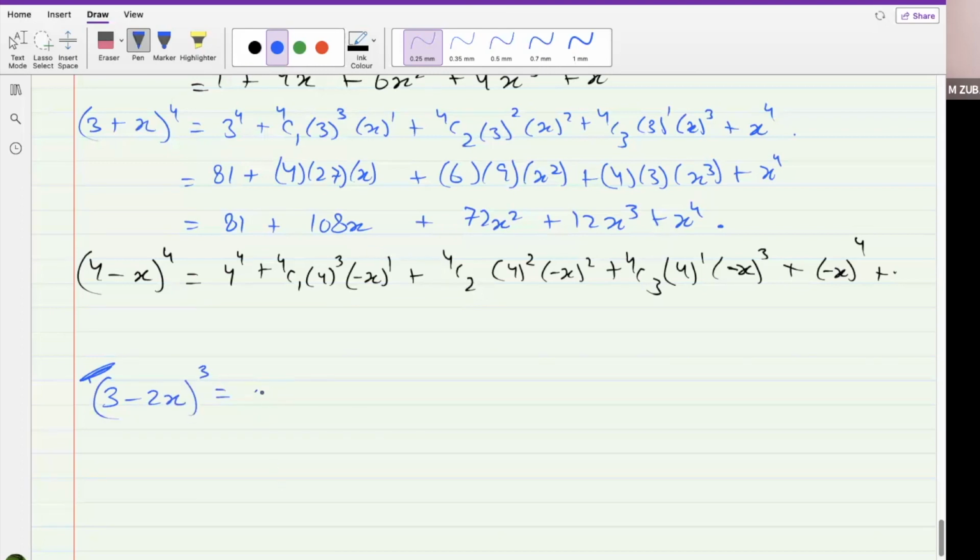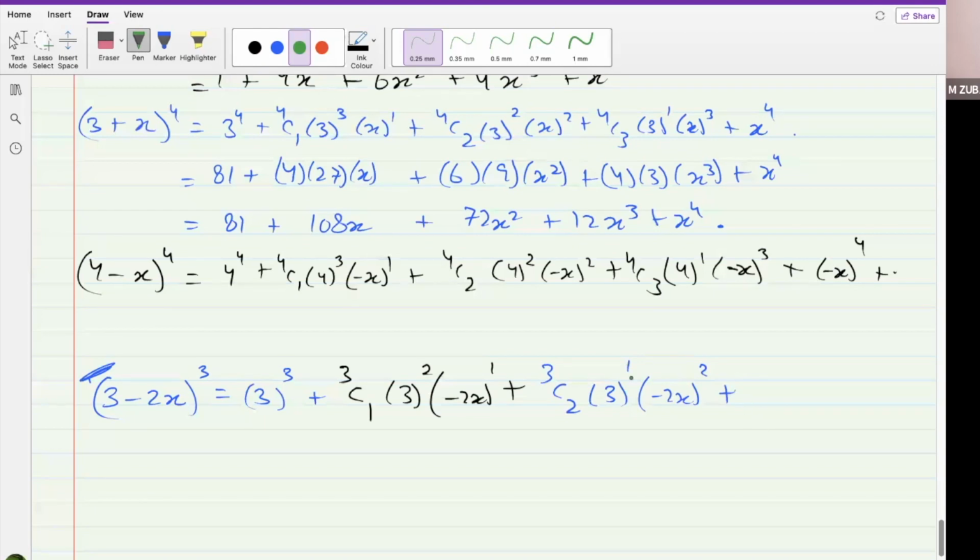So we can write a raised to power n plus 3C1 a^(n-1) b^1 plus 3C2 a^(3-2) b^2 plus 3C3, we're skipping that, since it is the last term, 2x raised to power 3.